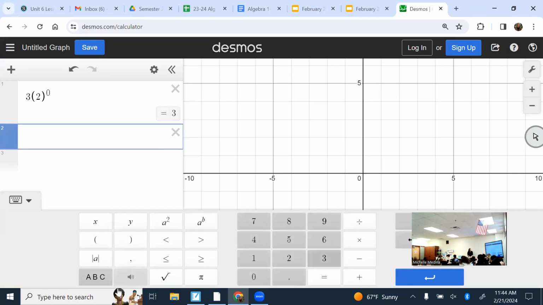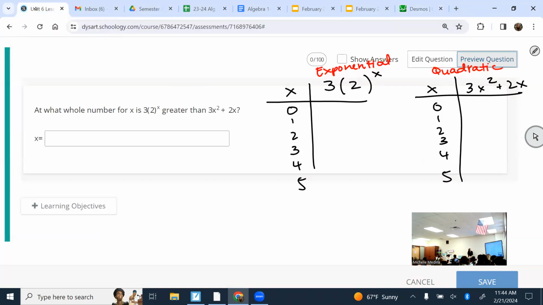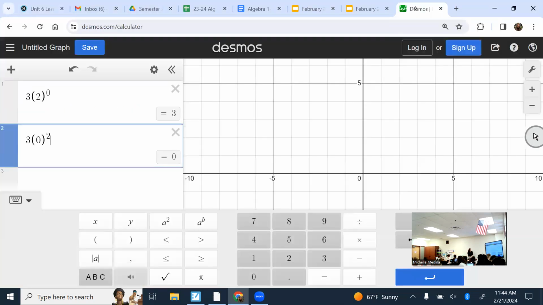And then the other one was 3x squared, plus 2x. 3 times 2 to the x and 3x squared plus 2x.